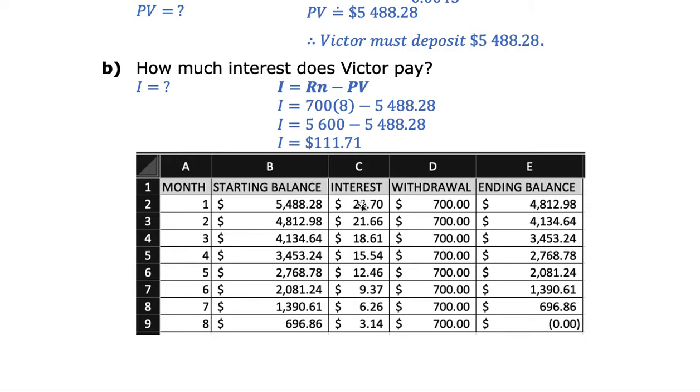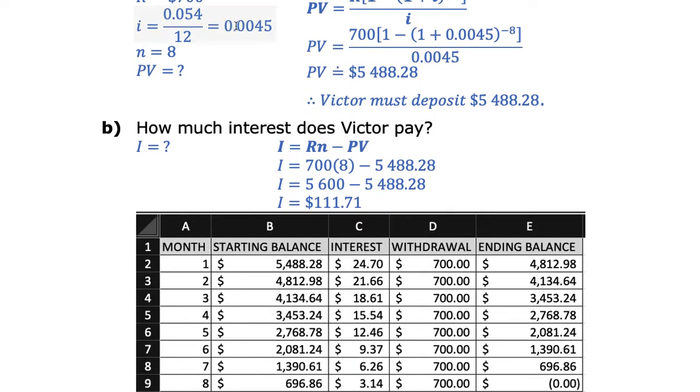So our interest was, at the time of calculating, 0.0045 multiplied by this amount, and you get your withdrawal at the end of the month. And our ending balance is $4,812.98. So what's happening is this money was left inside of the account for the entire month.